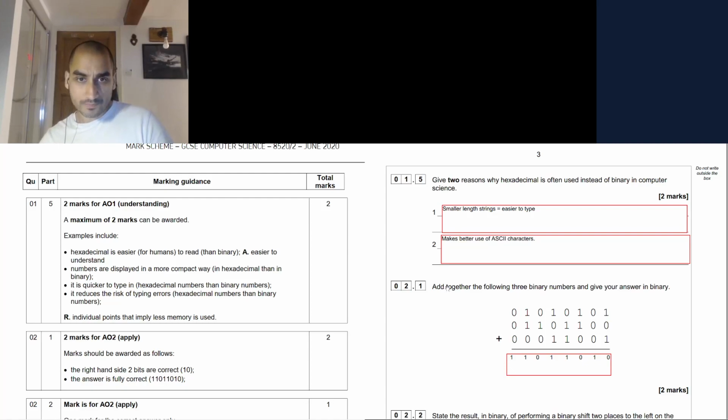Okay, anyway, quicker to type in. I said that. Well, easier to type, yeah, close enough. It reduces the risk of typing errors. But that's just because there's fewer characters, isn't it? Numbers are displayed in a more compact way. That's just another way of saying every one of these points is just basically a synonym for hexadecimal strings being shorter.